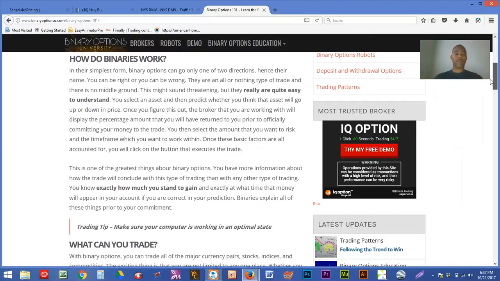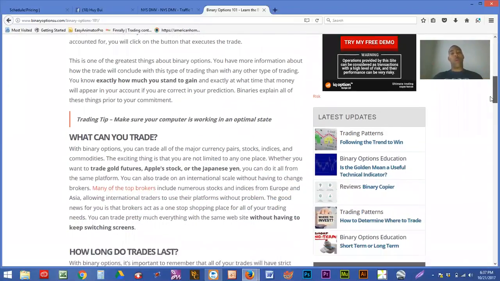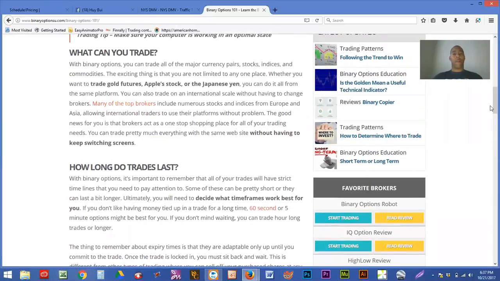So what can you trade? Depending on the broker that you use, you can trade currency pairs. Definitely, I think just about every broker allows you to trade currency pairs. Some brokers will allow you to trade indices, such as the NASDAQ or the Dow Jones and things of that nature. Some brokers will give you a limited number of stocks that you can trade.